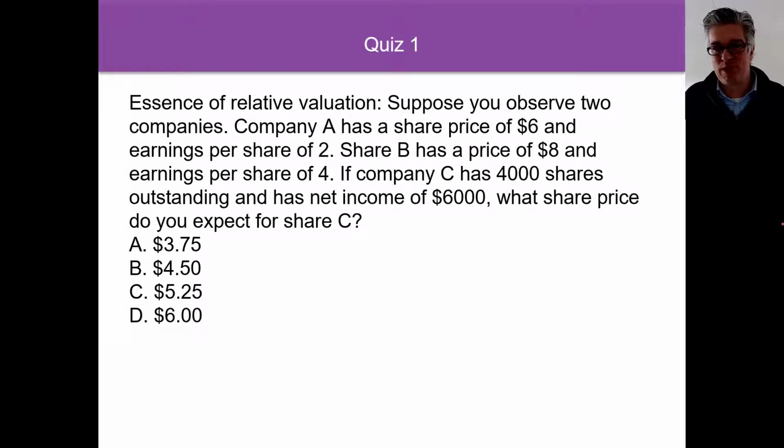Company B has a price of 8 and earnings per share of 4. If company C has 4,000 shares outstanding and net income of 6,000, what share price do you expect for company C? So here you have market values for company A and company B. You can standardize them by their earnings per share and then apply that to company C. I'll give you a moment to do that.